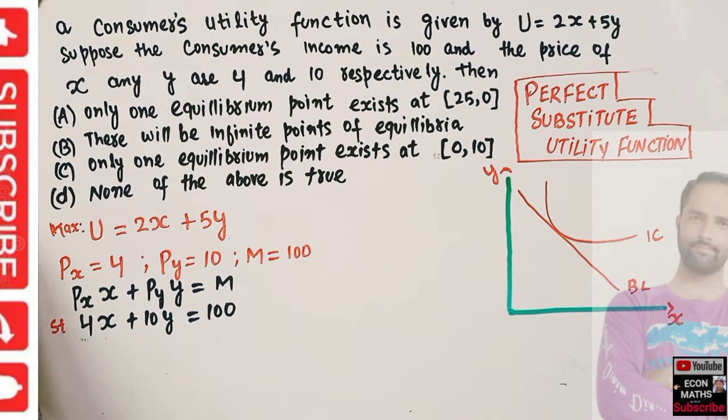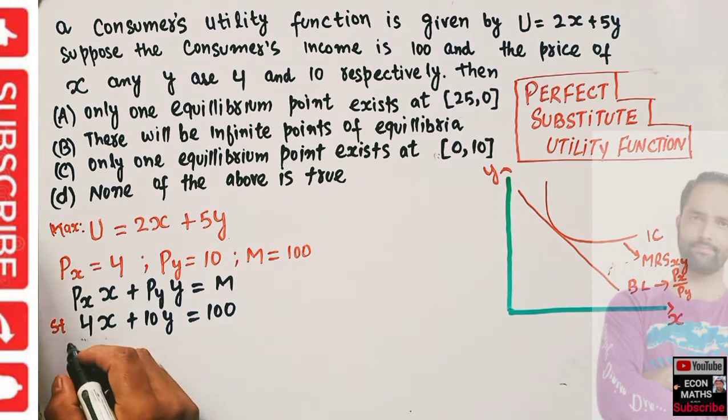Now, the slope of the indifference curve is the marginal rate of substitution between good X and Y, and the slope of the budget line is simply the ratio of the prices, that means price of X upon price of Y.